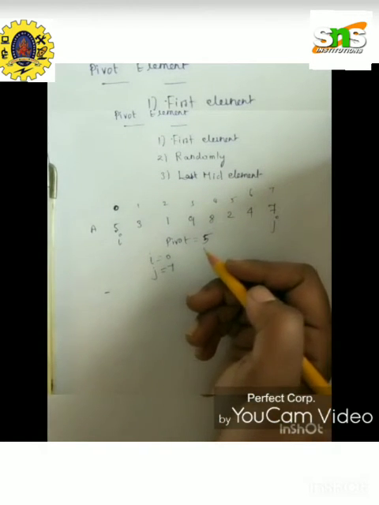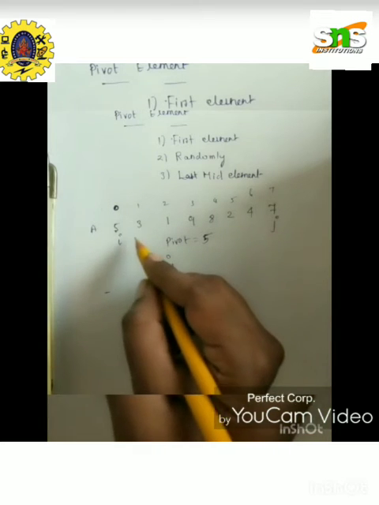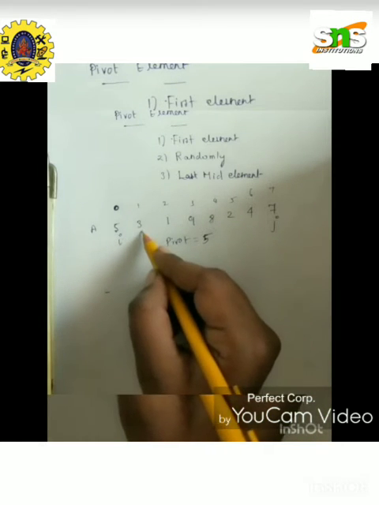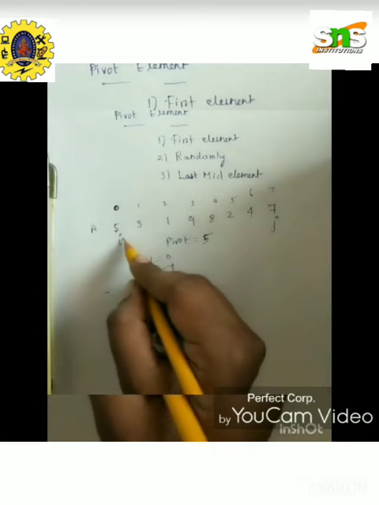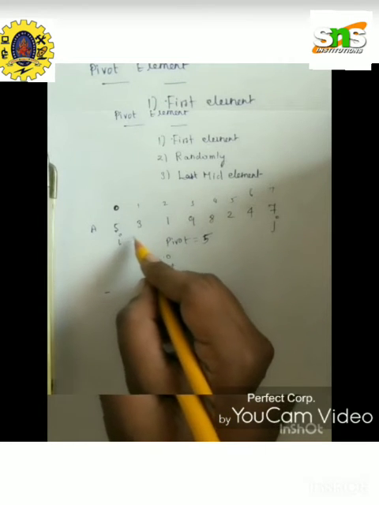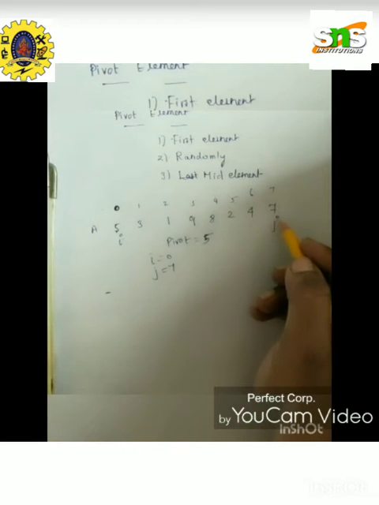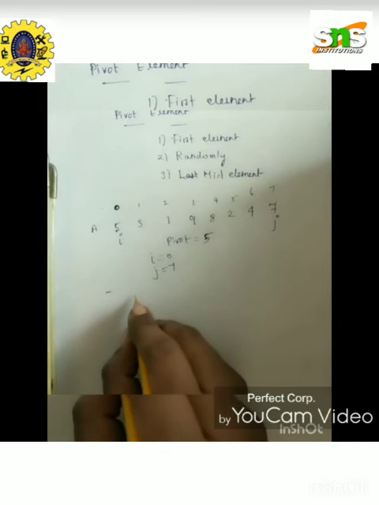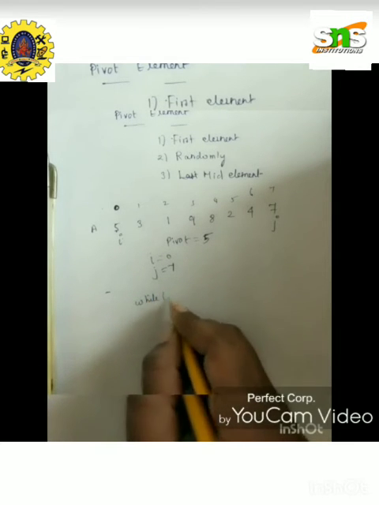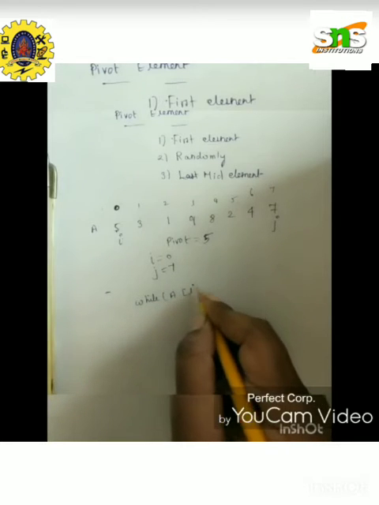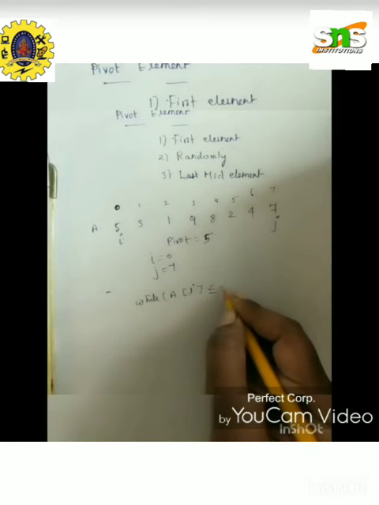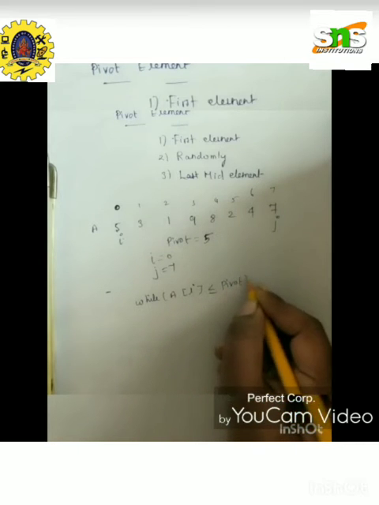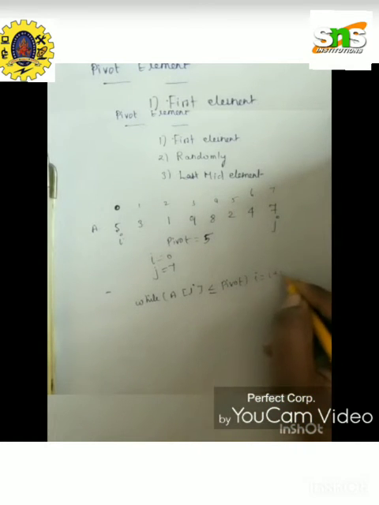We compare the pivot element with the next element, and simultaneously compare the last element with the pivot element in the first iteration. I will write the iteration here: while a of i is less than or equal to pivot, i equals i plus 1.